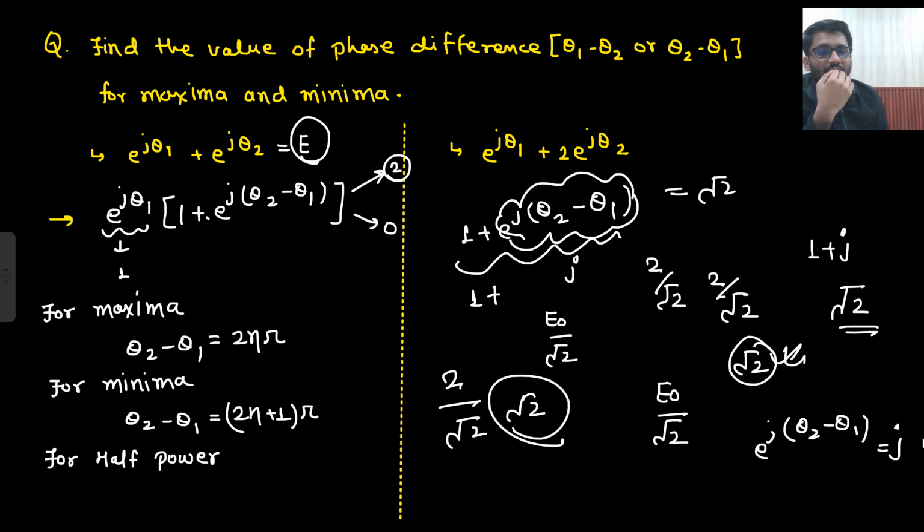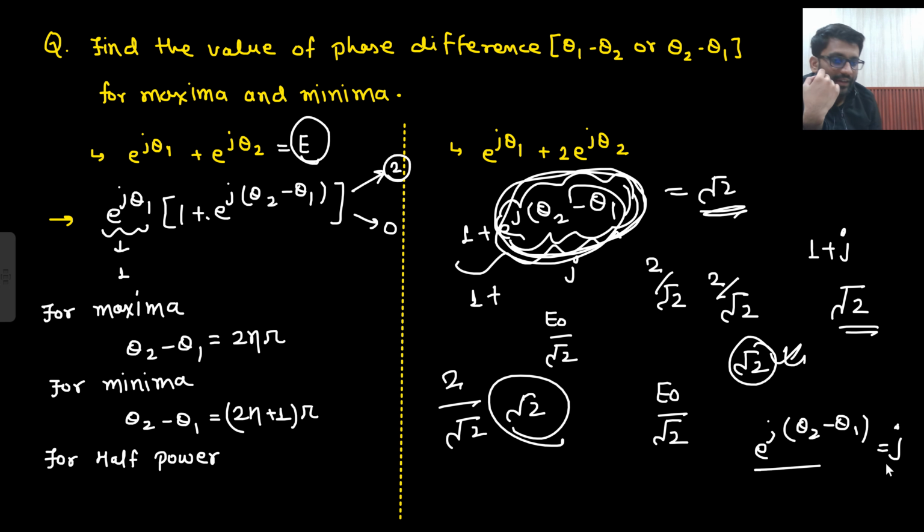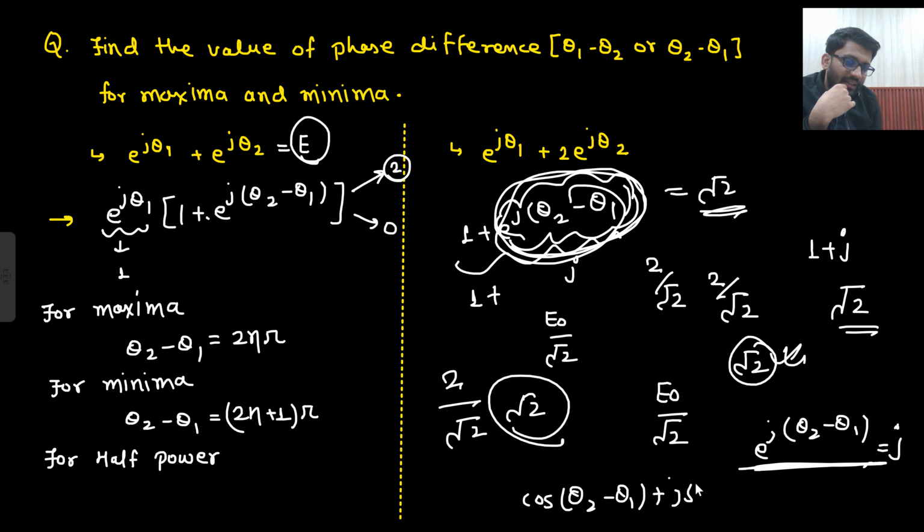A very, very important point. For half power, you need this expression to be j, because the magnitude of 1 plus j is equal to under root 2. So if I need this expression to be j, what is this expression? Cos (theta 2 minus theta 1) plus j sin (theta 2 minus theta 1). That means you need this guy to be 0 and this guy to be 1. And when can this guy be 1?